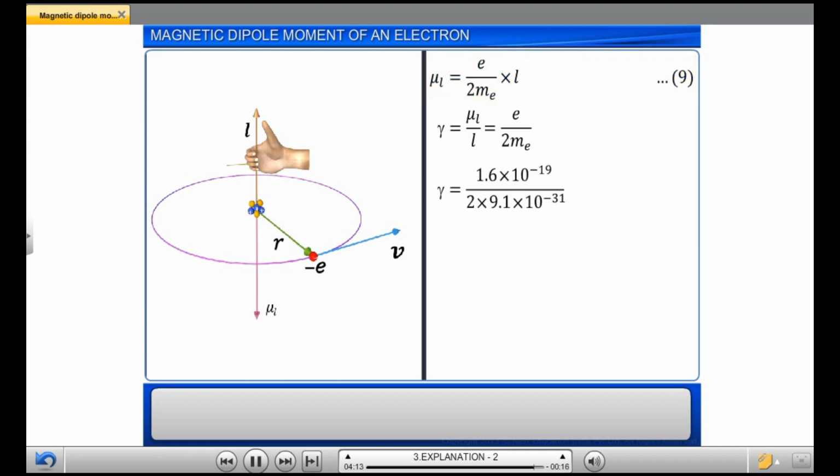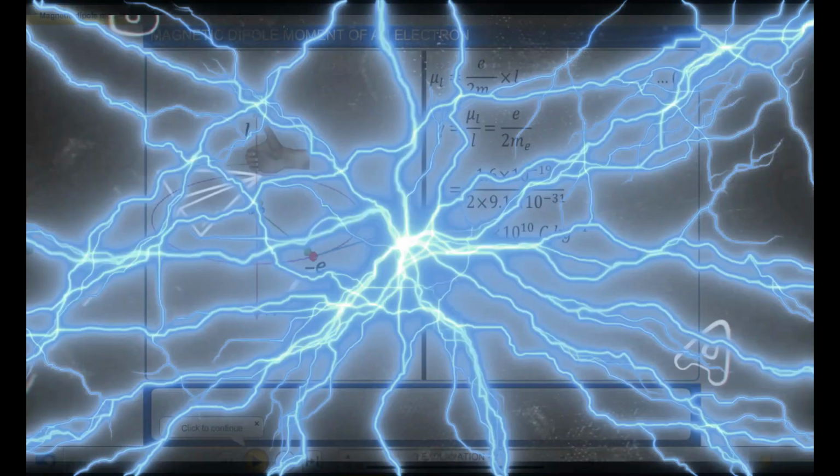On substituting the values of charge and mass of the electron and simplifying, we get the gyromagnetic ratio of an electron as 8.8 into 10 power 10 coulomb per kilogram.